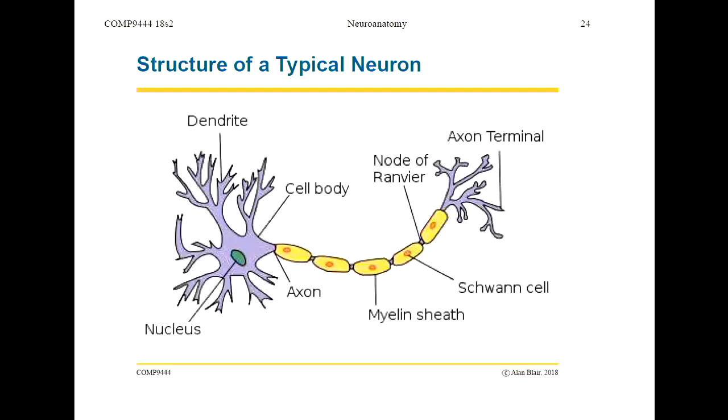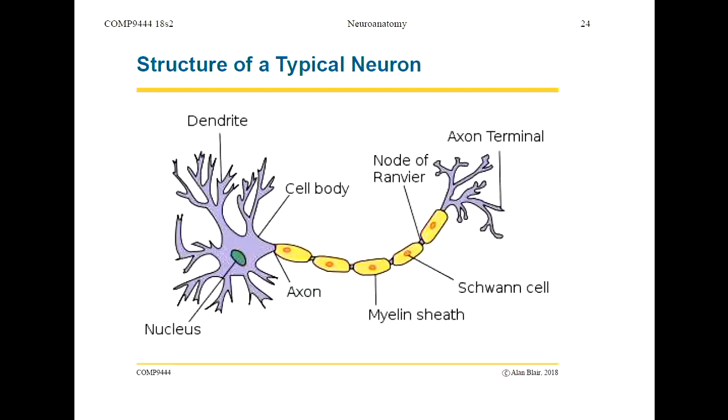Because it's a cell, it has to do all the things that a cell normally does to keep itself healthy and so on. Most cells would just be sort of roundish in shape. But in the case of a neuron, the surface of the cell gets spread out into this very, very strange shape.